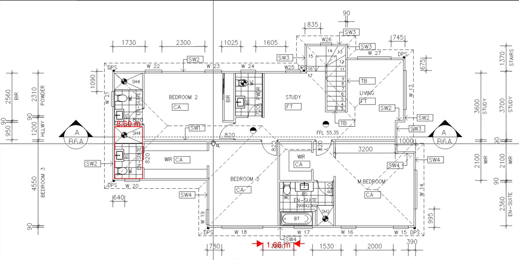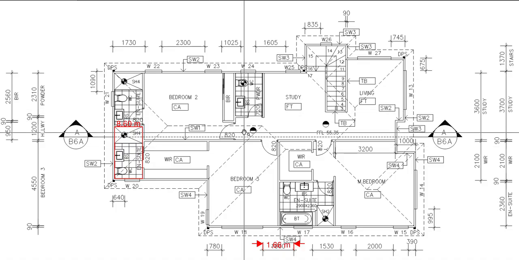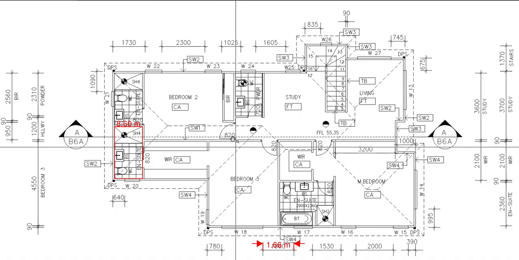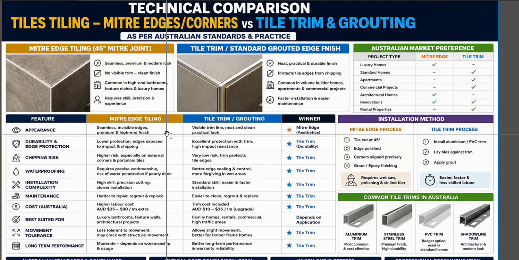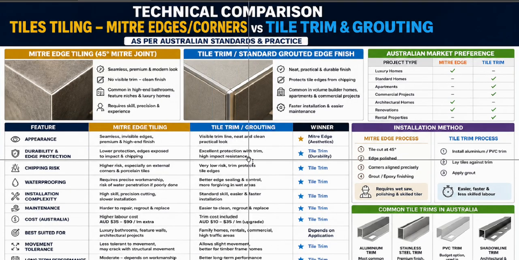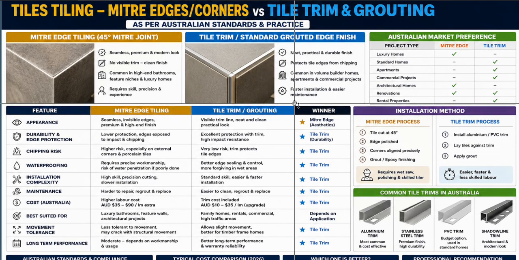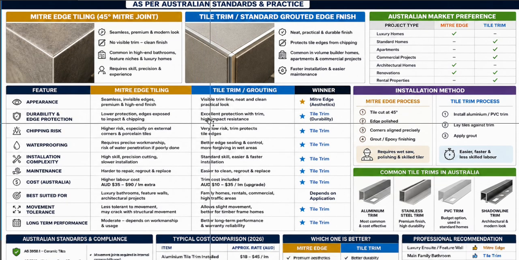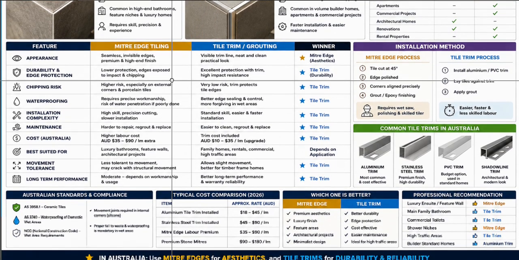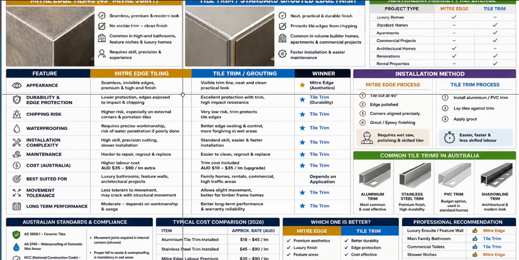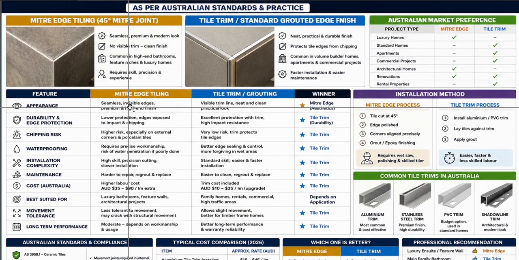Now, the best part is there is one thing which is very important, and I want to discuss it with you guys. It's about the edges. In Australia, there are tile trim and tile grouting, and today some people are very good at selling homes to new buyers, and they say mitre edge styling is very good.